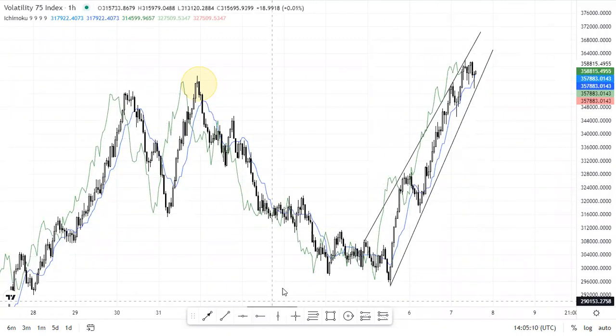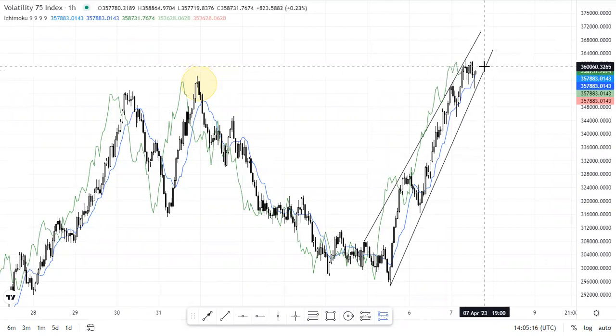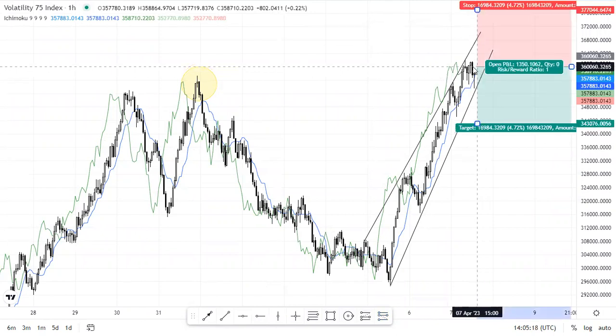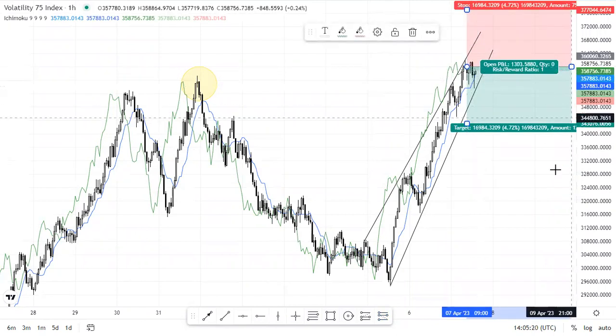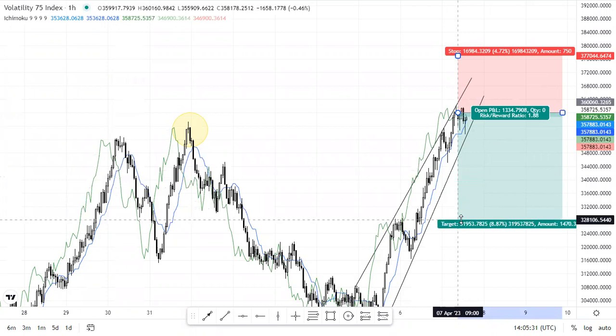So what are we looking for VIX 75 to do? We are looking for VIX 75 to start selling at this specific level, from level, I think it's 360,190.